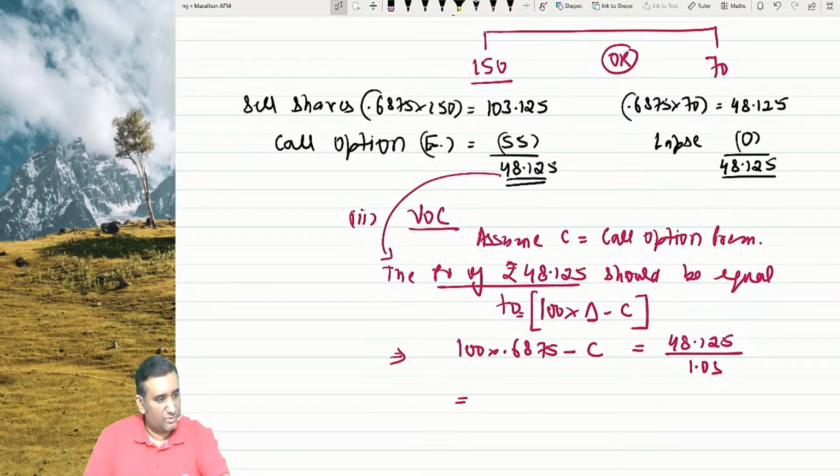Solve and tell me. Left hand side would be 8.75. Right hand side would be 46.